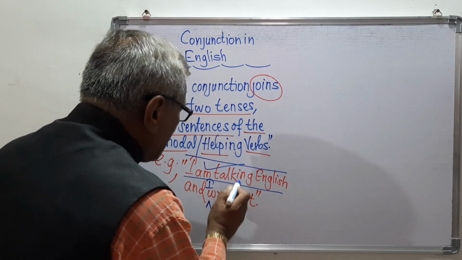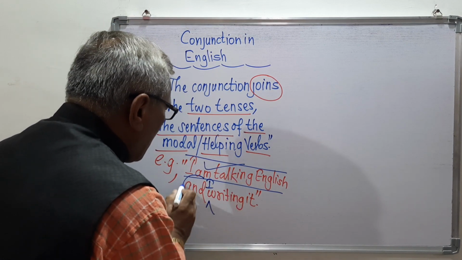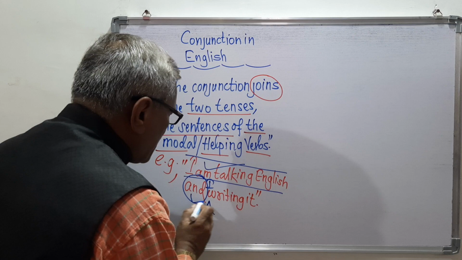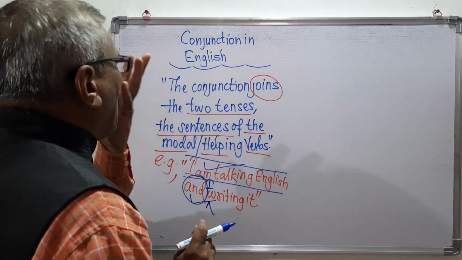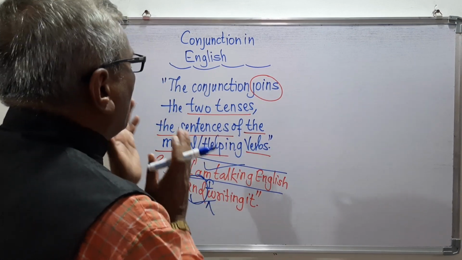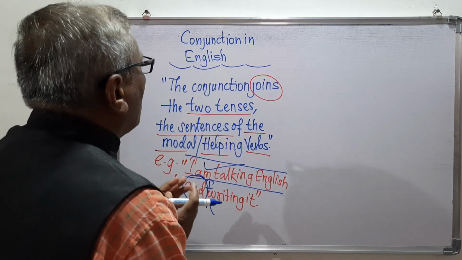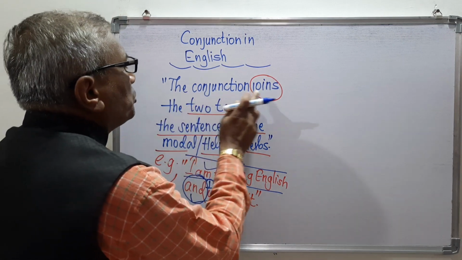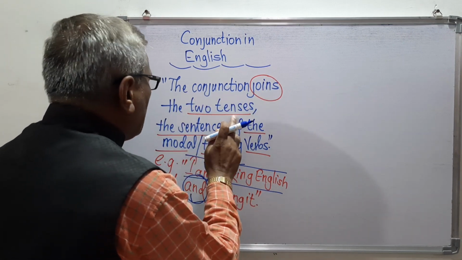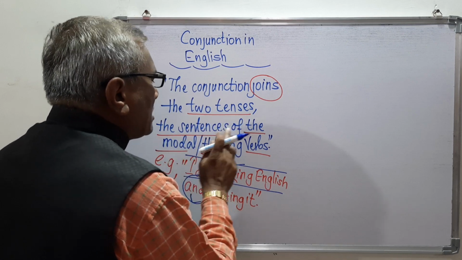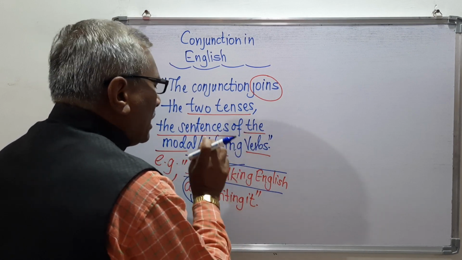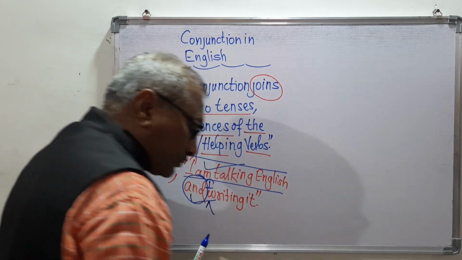These two sentences have been joined by this 'and', so this 'and' is the conjunction. The definition is very clear: the conjunction joins two tenses, two sentences of modals, helping verbs, etc.